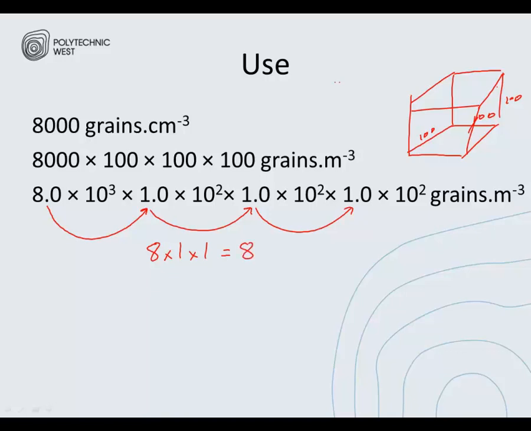And then add the exponents: 3, 4, 5, 6, 7, 8, 9. So that gives me 8 times 10 to the 9 grains per cubic metre. So once again, you multiply the numbers and add the exponents. That makes life a lot easier.